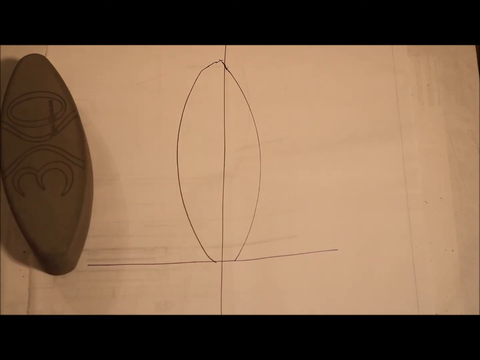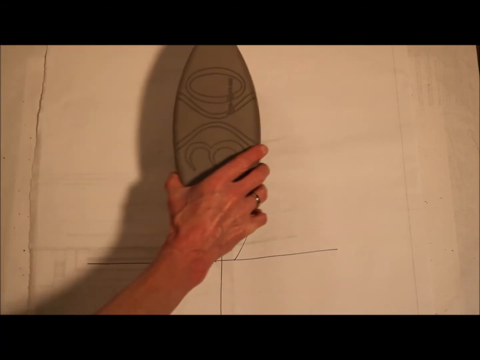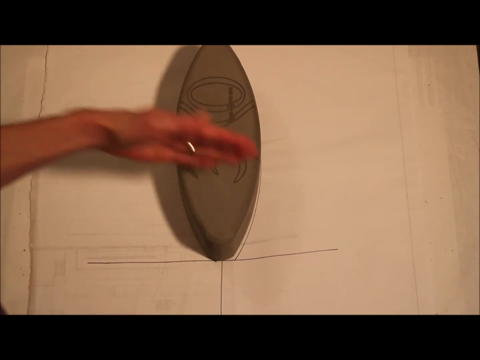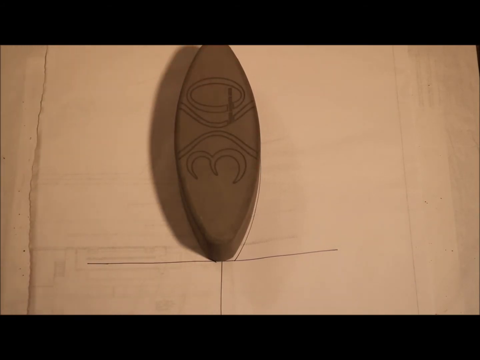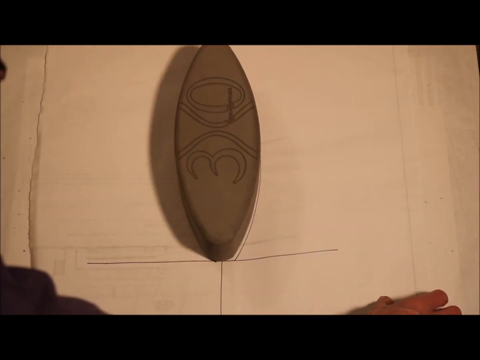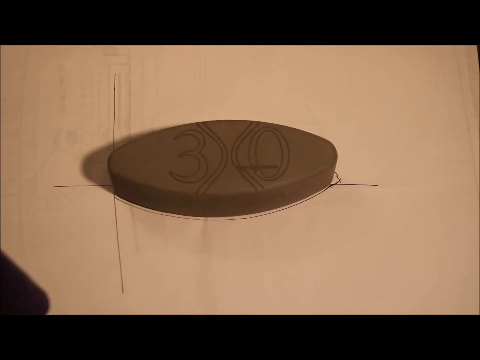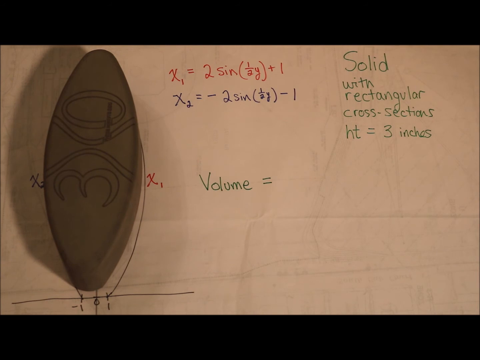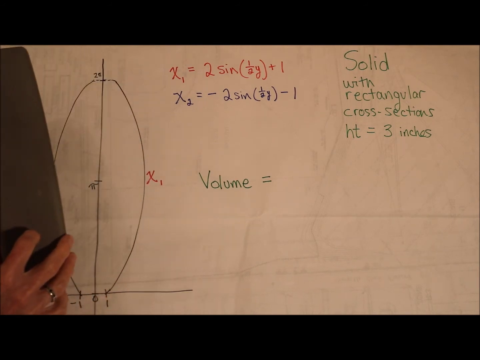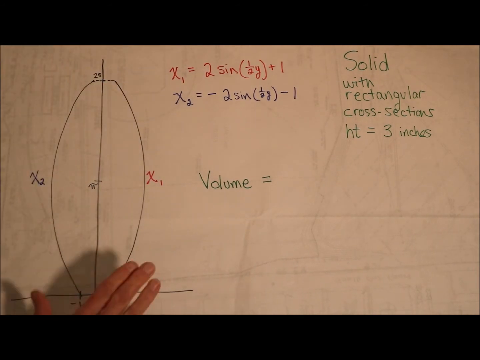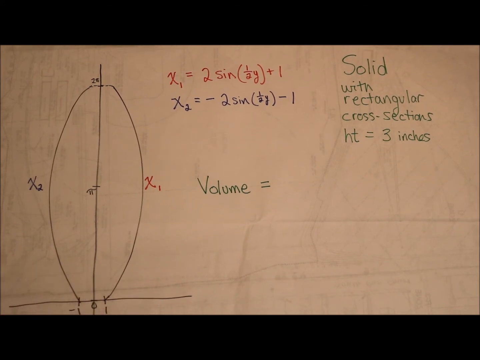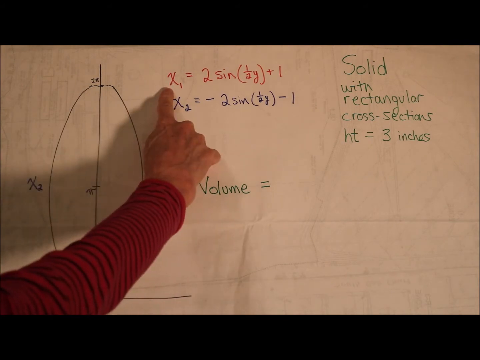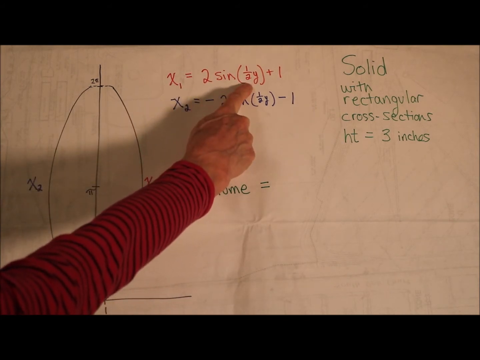So we can find volumes with known cross sections either with respect to y, when your slices are perpendicular to the y-axis, or with respect to x. Let's find the actual volume of this yoga block, shall we? All right. And we'll do it with respect to y. So let's say that this function right here can be defined as 2 times the sine of 1/2 y plus 1.